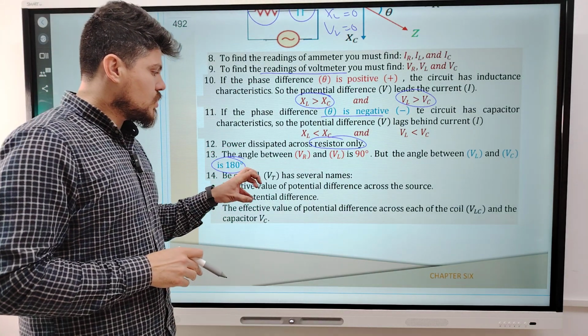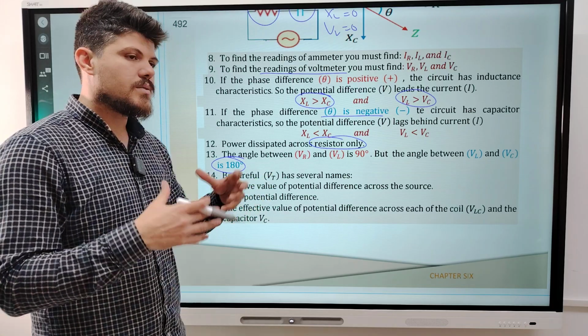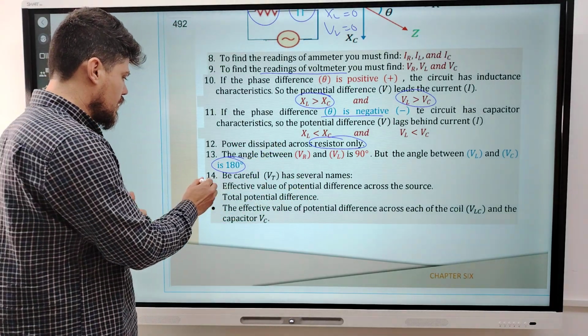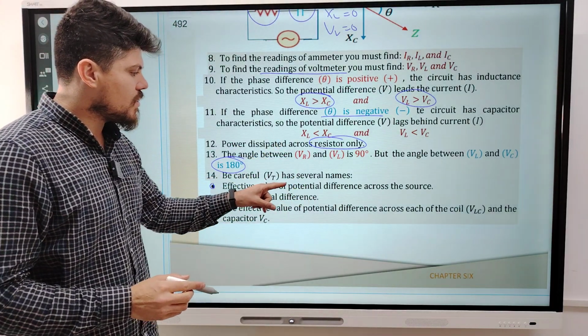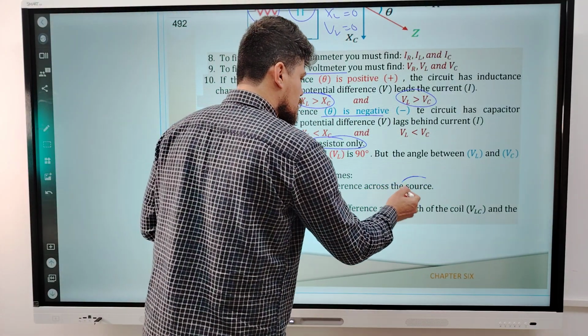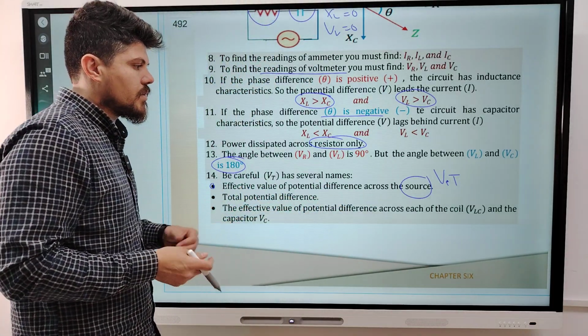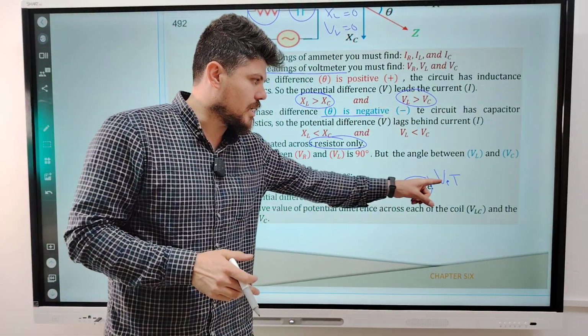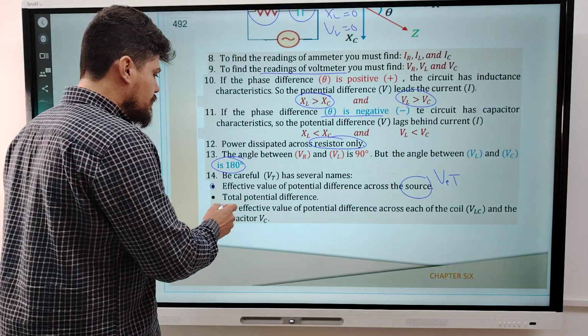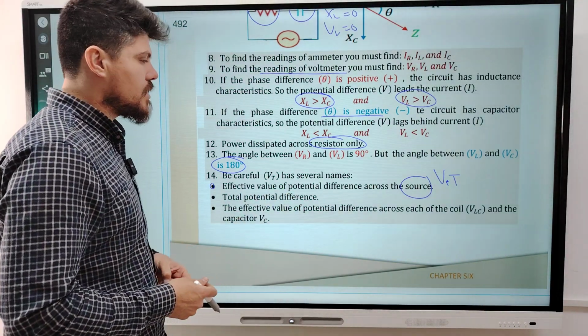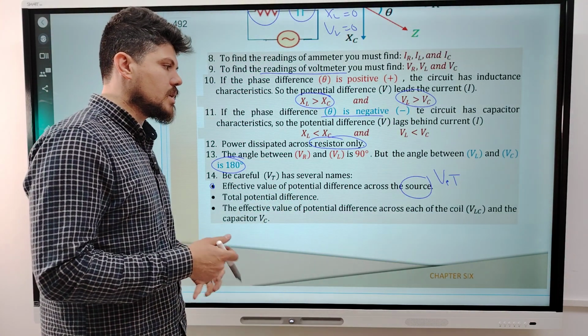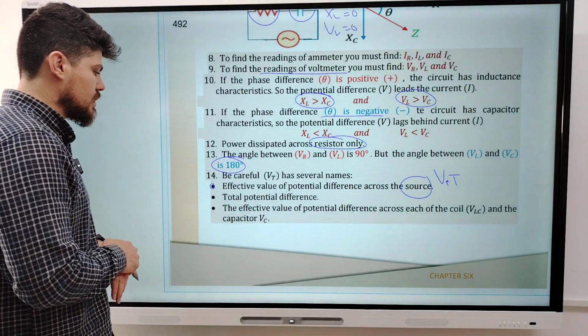Be careful, V total has several names. Number one, the effective value of the potential difference across the source. It means that VE total or VM total, no difference. What do we mean by source? It means the total. Sometimes the question says find the potential difference only, which is also the total potential difference.